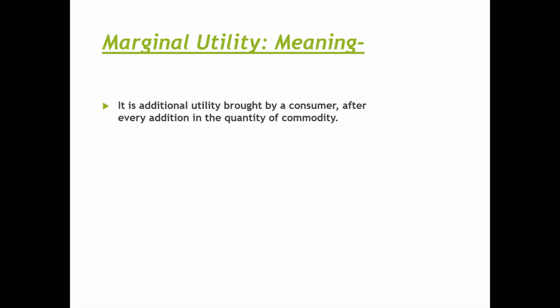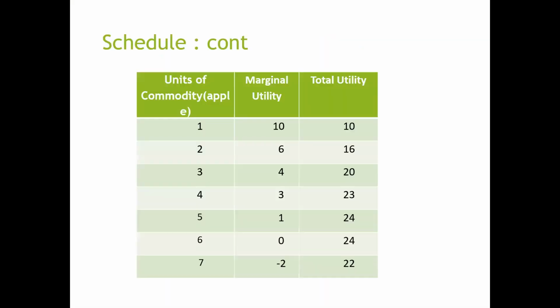That is the definition: additional utility after having one more unit. It can be about food, clothes, books, anything in the world. This utility, as you have seen, goes on diminishing right from the beginning: 10, 6, 4, 3, with every additional consumption.